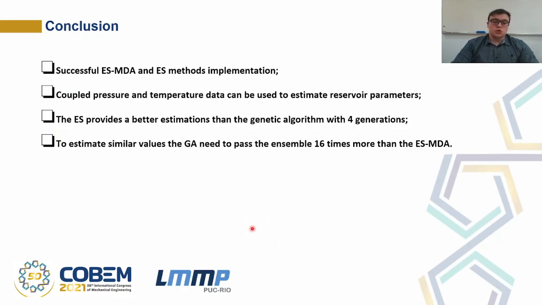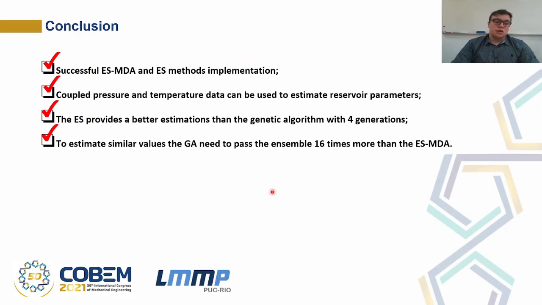As conclusion of this work, we have successfully implemented the ensemble smoother with multiple data assimilation and the ensemble smoother method. Coupled pressure and temperature data can be used to estimate the reservoir parameters. The ensemble smoother provides a better estimation than the genetic algorithm with 4 generations.